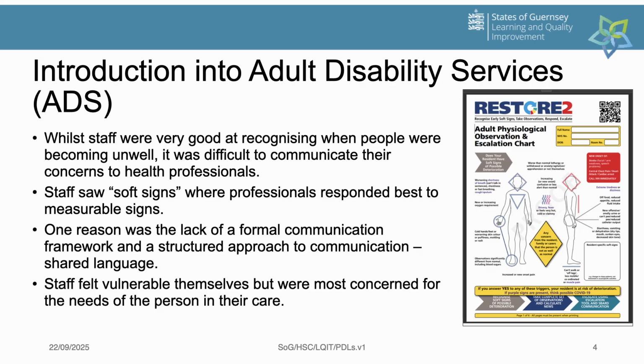Across adult disability services, we were having numerous incidents where people were being reported as their health was deteriorating, and emergency services were being called, or GP services were being called, other professionals were being contacted, but it was difficult to express to the other professionals the need for intervention, because the soft signs didn't mean as much to the GPs, to the emergency professionals, as it did to the care staff who had that kind of gut feeling about people's health state.